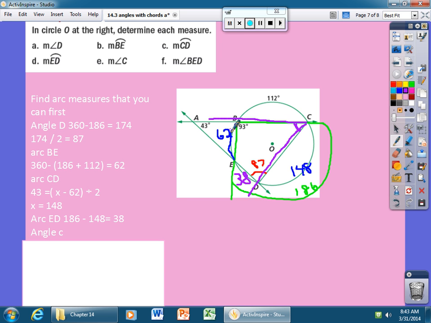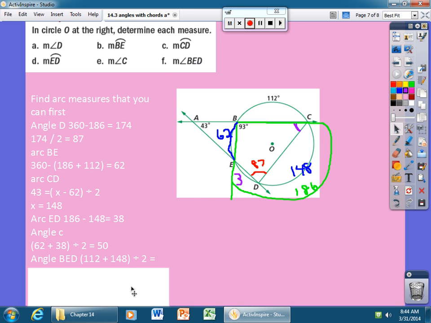It intercepts the 62 degree arc and the 38 degree arc. So I'm going to add my 62 and 38 and divide it by 2. That tells me that the measure of angle C is 50. Let's take a few things off here, it's getting a little messy. So we found the measure of angle C.